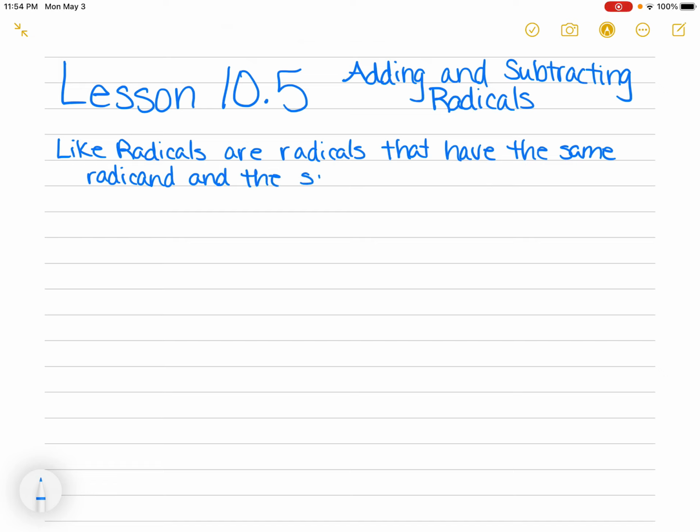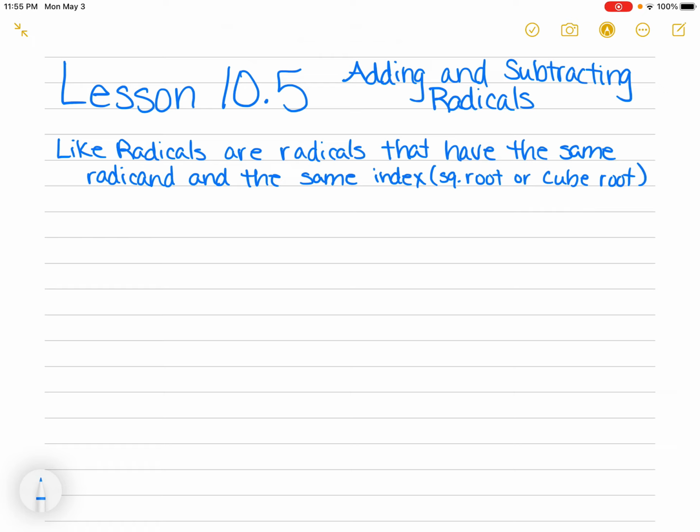That means if it's a cube root or a square root, they have to be the same. If they're not the same, you can't do it.